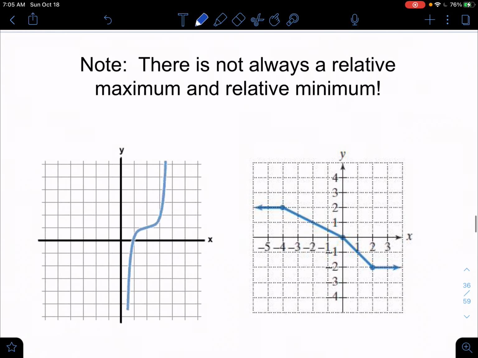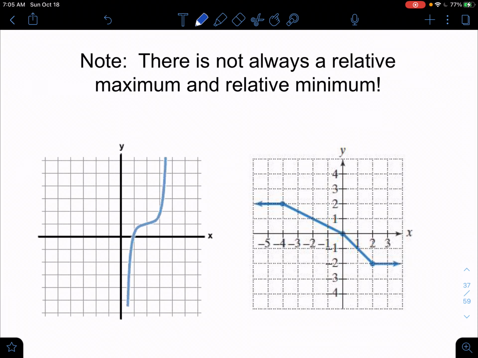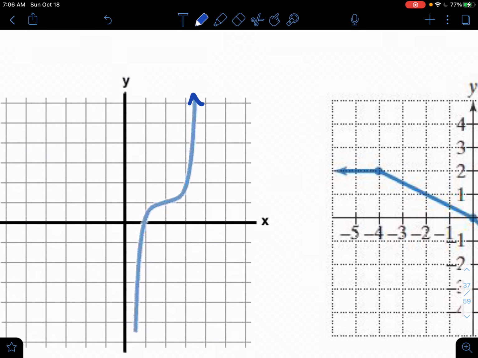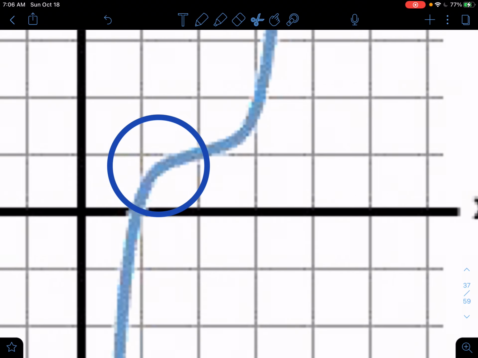Now, it does say, note, there is not always a relative maximum and a relative minimum. Functions don't need to have these two things. So if I look at this first graph that we can see keeps going here, and I pull up my circle again, it's the easiest way for me to show you what's going on. Right here, we can see that our graph really never stops, right?